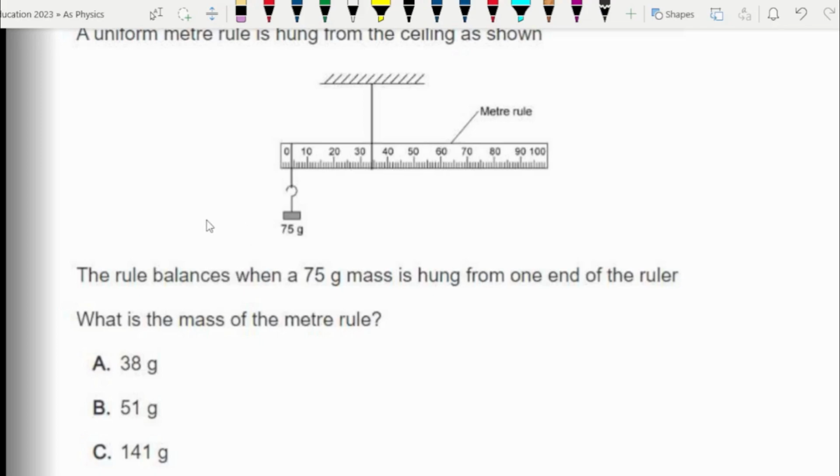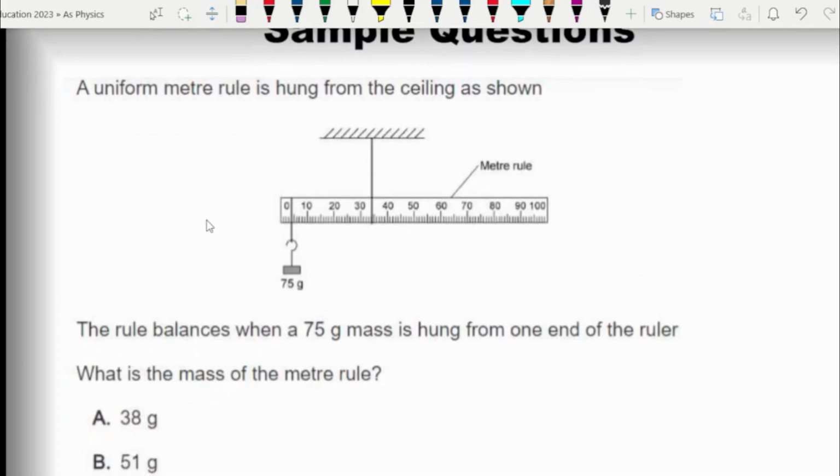And the most important thing here is you need to check out the data. They have said that the uniform meter rule. So uniform meter rule means the center of mass of the meter rule would be exactly in the middle. So it is a meter rule. It has total of 100 centimeter.